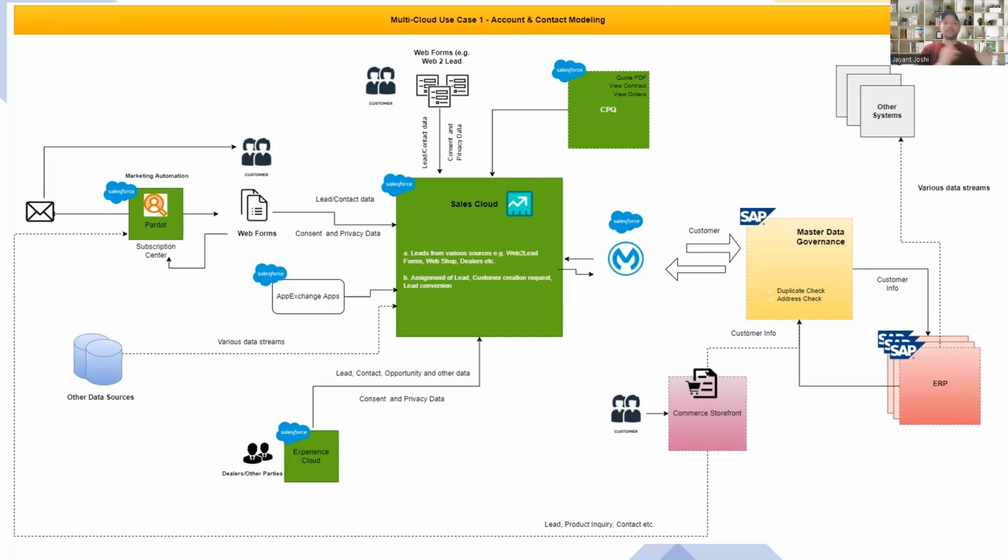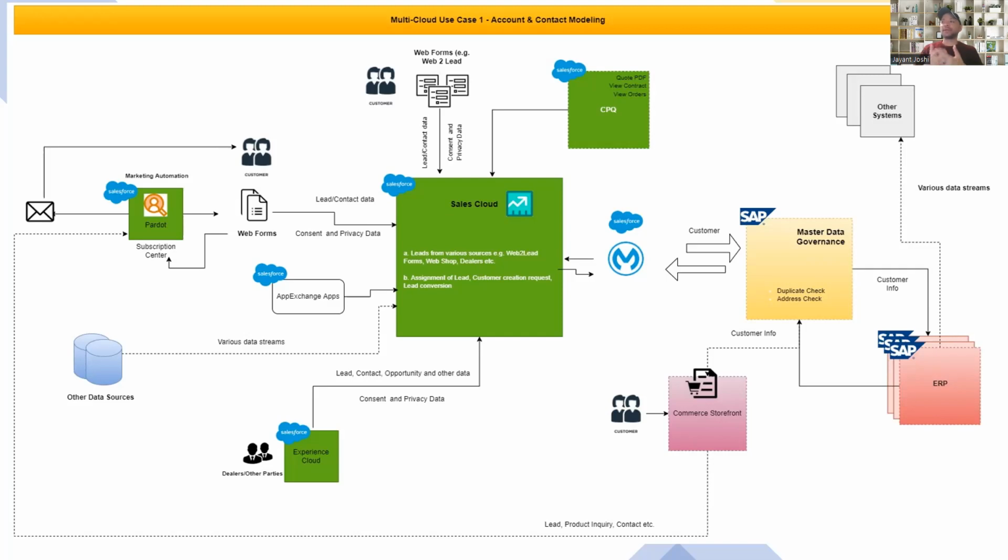So you have your dealers, distributors, and partners, who are enabled on the Experience Cloud, and then the data is transmitted to Salesforce. This data is the company information, like accounts. It could also be prospects, contacts. So a lot of data is coming to Salesforce.